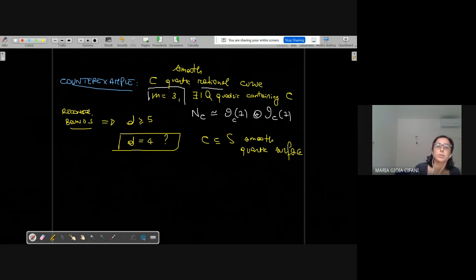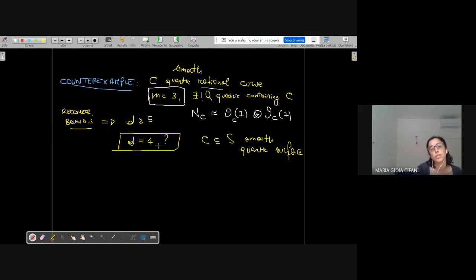Here M is 3 because the homogeneous ideal is reconstructed at degree 3. So there is only one quadric containing C that is also smooth, but you need cubics to define C exactly.